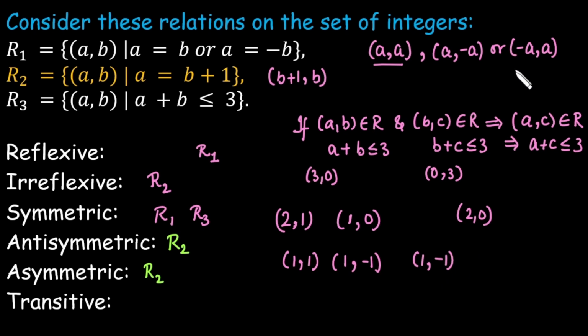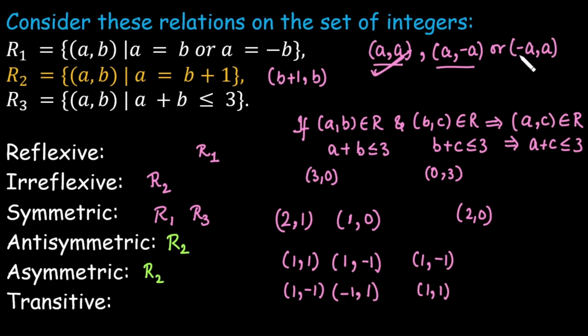So such a type of element is there. Now if I take the form 1, minus 1 as the first pair, then for the second we need to fix the value of B as minus 1. So the possibility for C is what? That is 1. Ultimately we are getting 1, 1 and it is there.